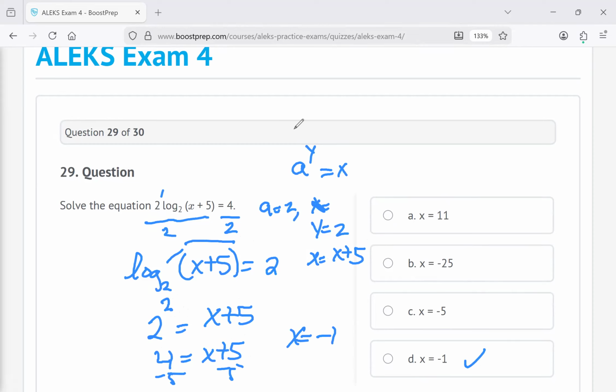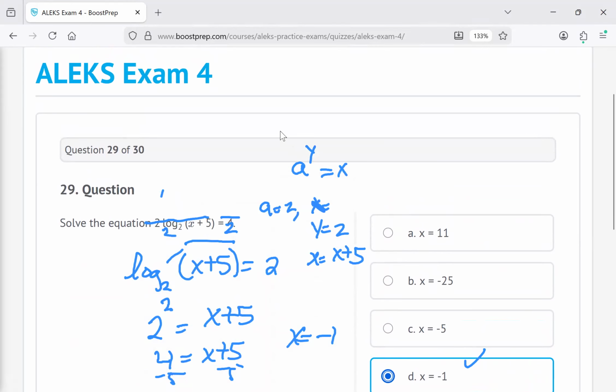Right, last problem. Find the domain and range of this log graph f of x equals log base 3 of 3x plus 1.